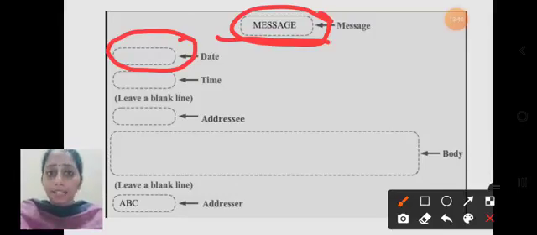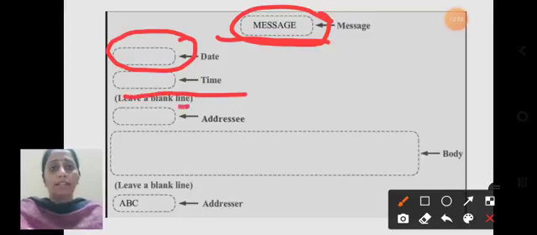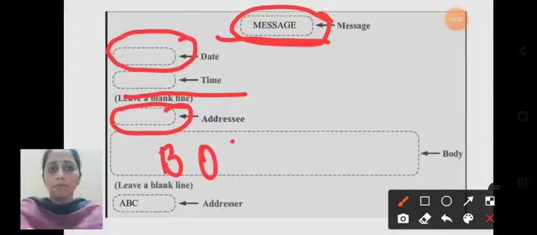Then leave a line, and next comes your salutation. Then on the very next line, you start writing the body, the information that has to be conveyed.